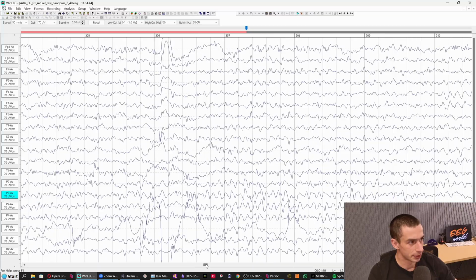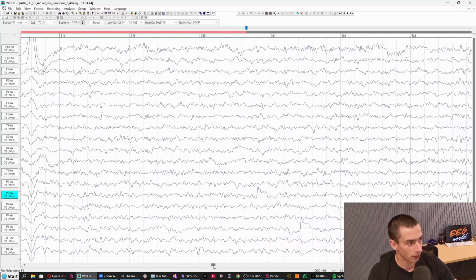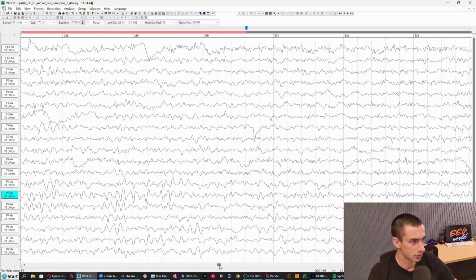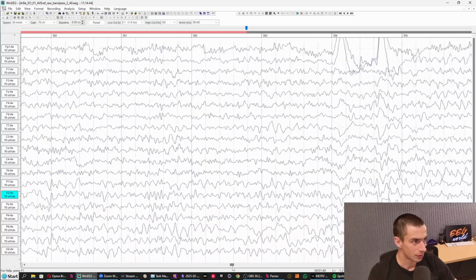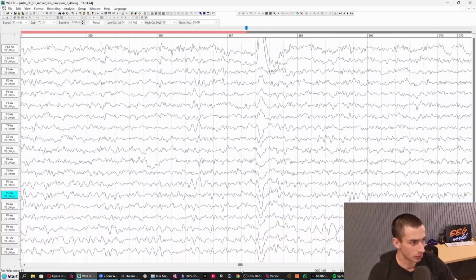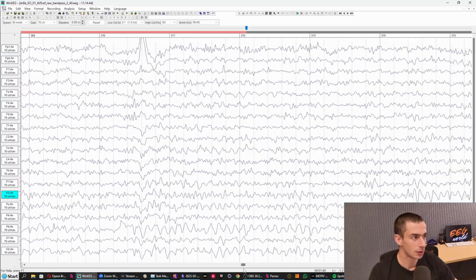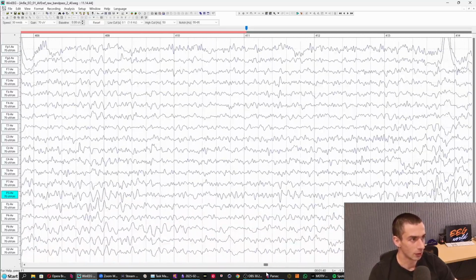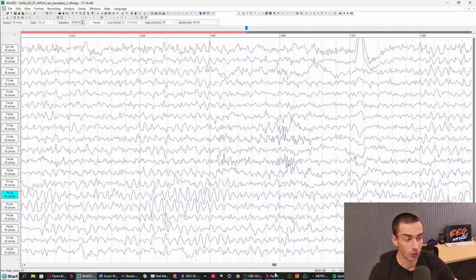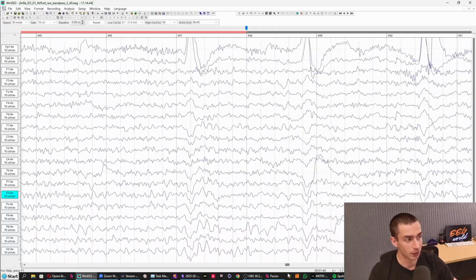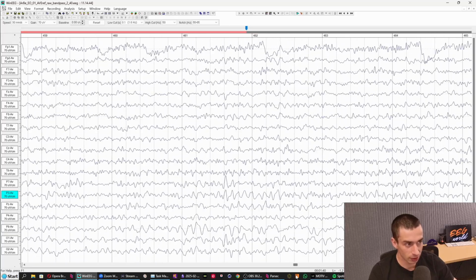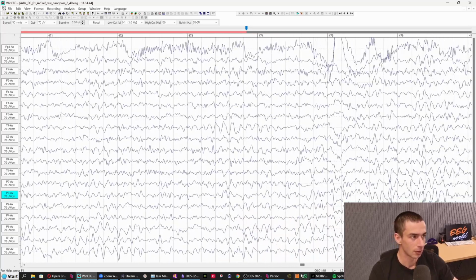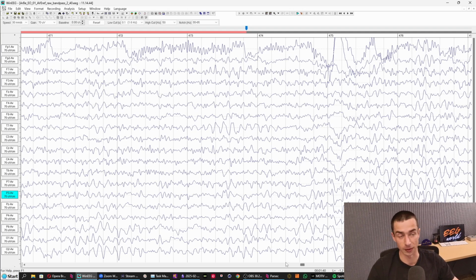So this is really just a quick scanning of the features, not for the sake of interpreting what's happening, but just to notice anything that's going to be relevant for how we do the ICA, independent component analysis, artifact rejection, to make sure that we get rid of the artifacts that we want to get rid of, and we don't get rid of the real EEG brain activity that is really there.